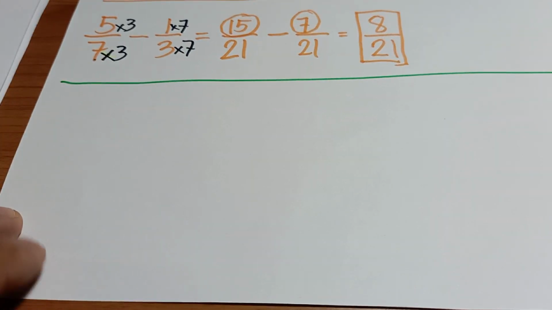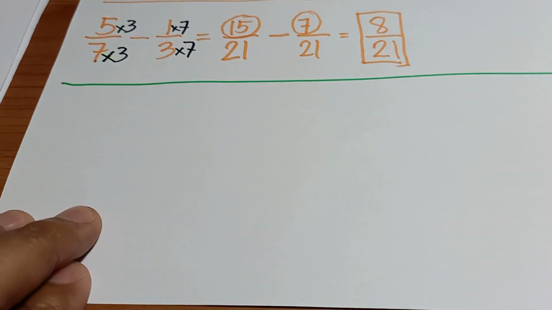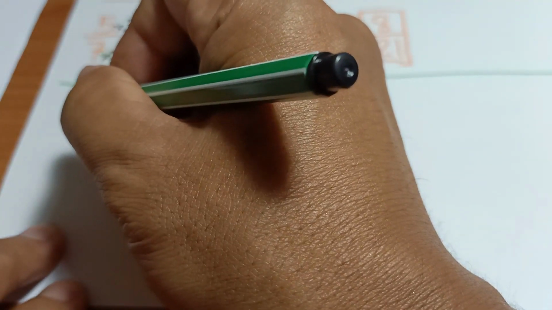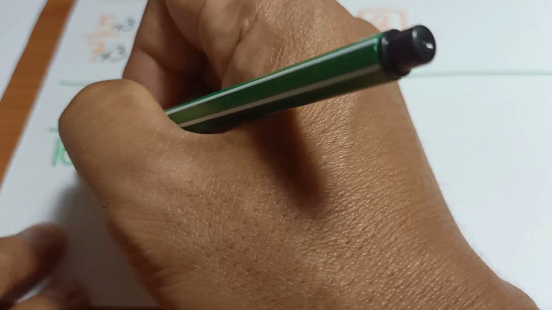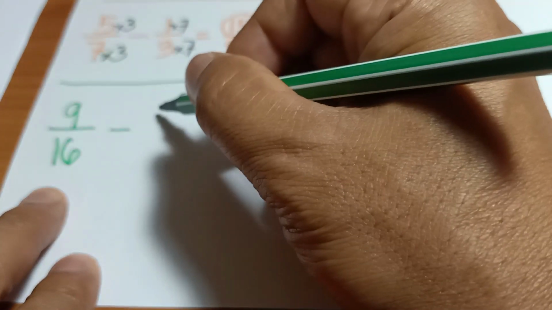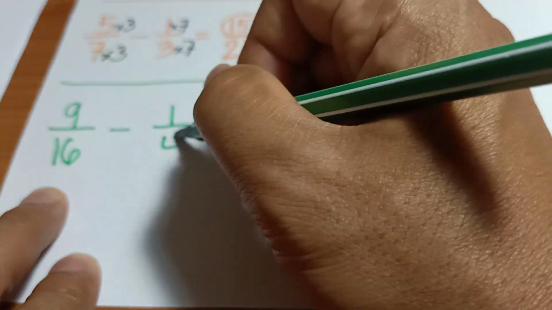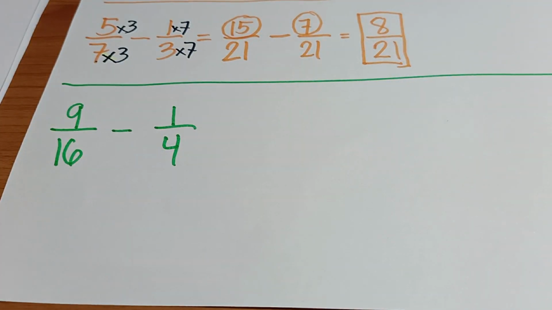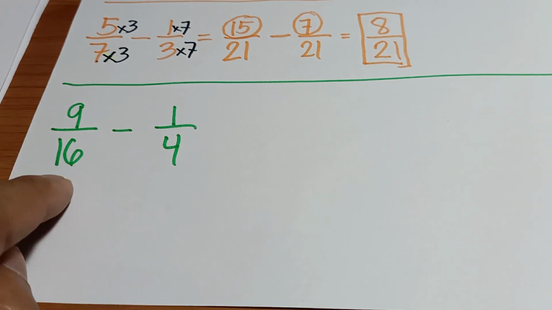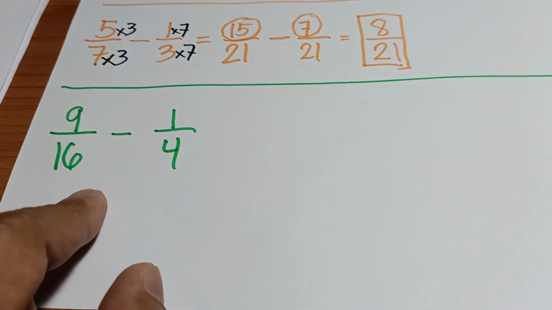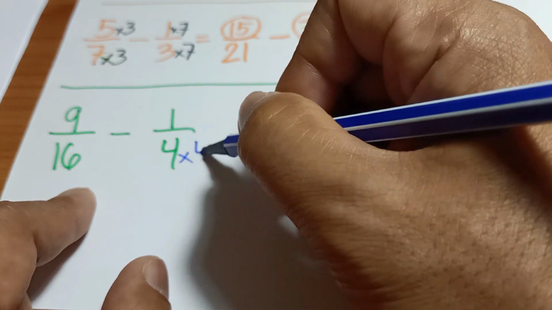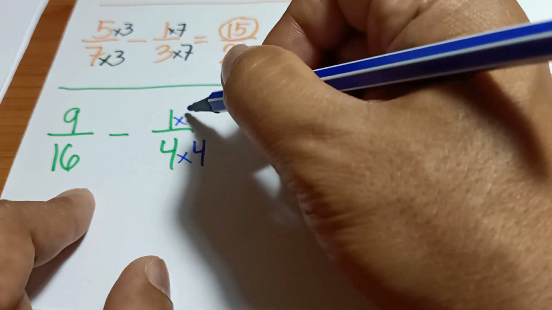For the third example, if you have 9 over 16 minus 1 over 4. In this case, to make the denominator the same, we just multiply 4 by 4, and then 1 times 4.